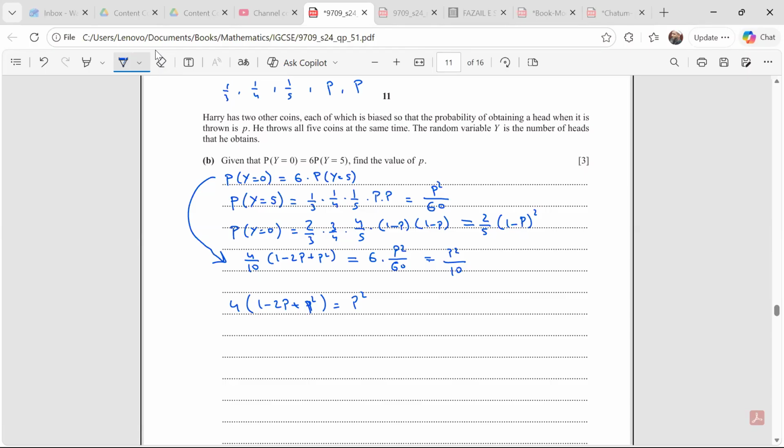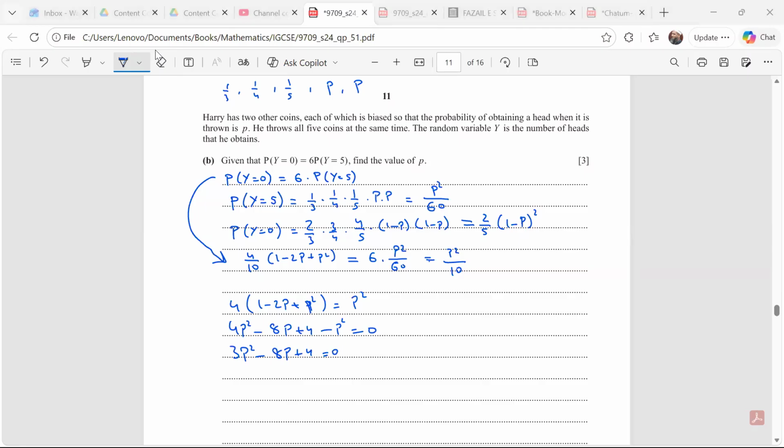Okay, so this is 4p square minus 8p plus 4 minus p square equals 0. So this is going to be 3p square minus 8p plus 4 equals 0. Okay, so this is a quadratic equation.